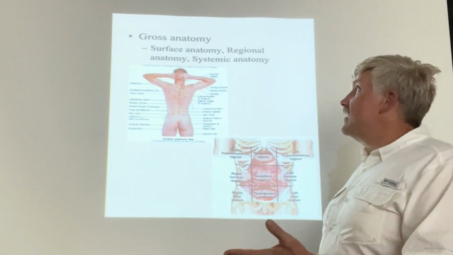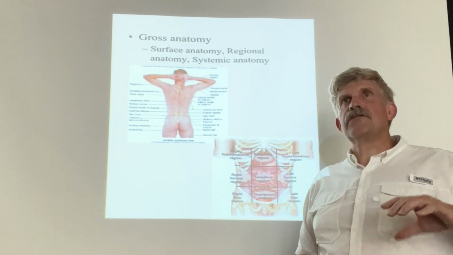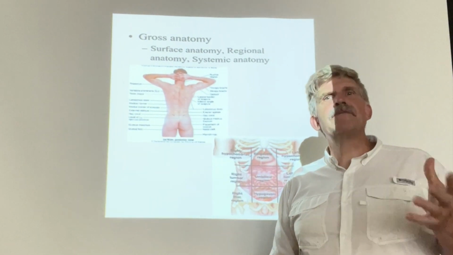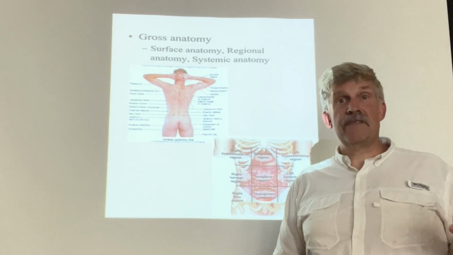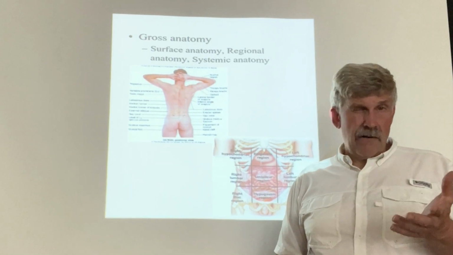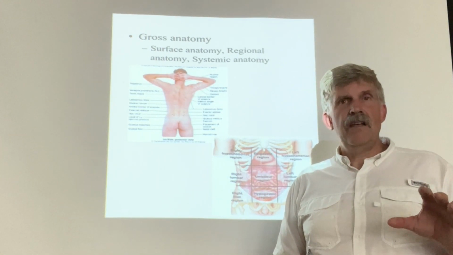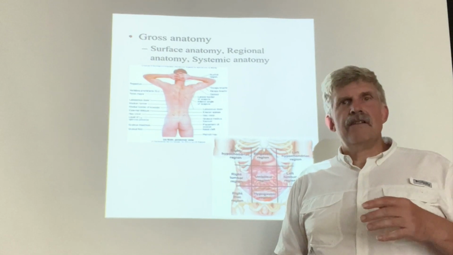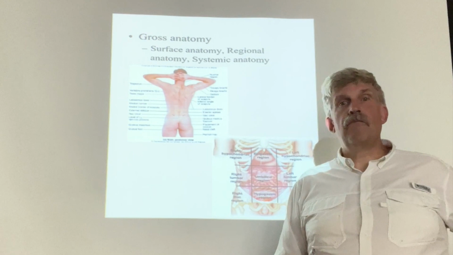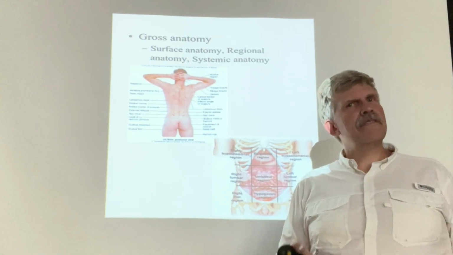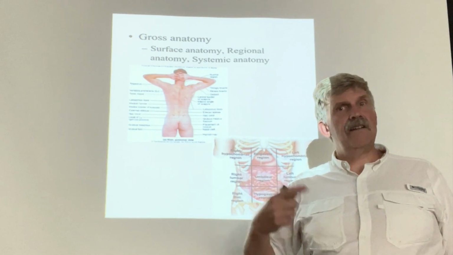So systemic anatomy is when you look at a group of organs, or the items that you're looking at are all operating or functioning within the same system. Now, there are times that some organs will actually participate or function in several different systems. So you may have to look at that organ in a couple of different ways to try to figure out, where's the problem? Is the problem with the functioning within this system, or is the problem with functioning in a different system?